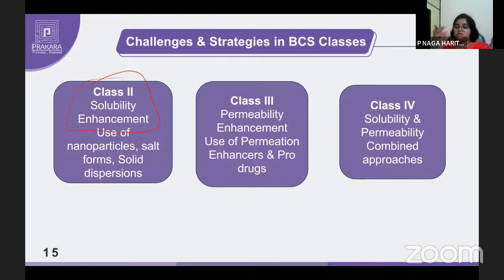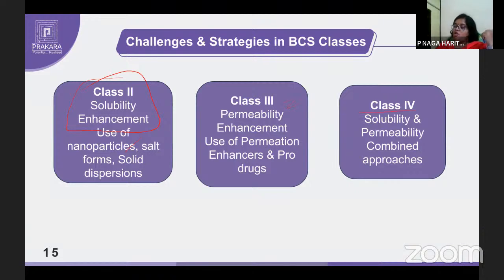Then for class 3, permeability enhancement should be seen. Use of permeation enhancers or prodrug approaches can be used for improving absorption. For example, designing controlled release formulations for metformin increases the effective permeability.